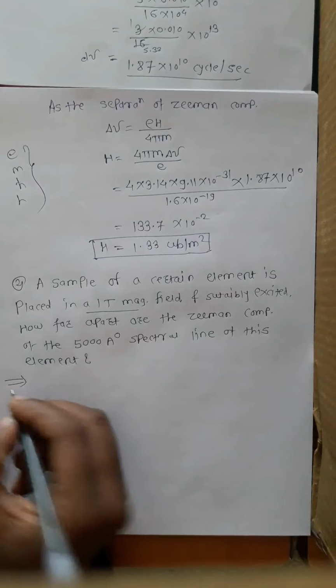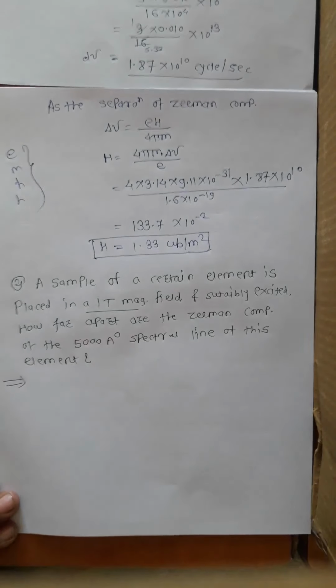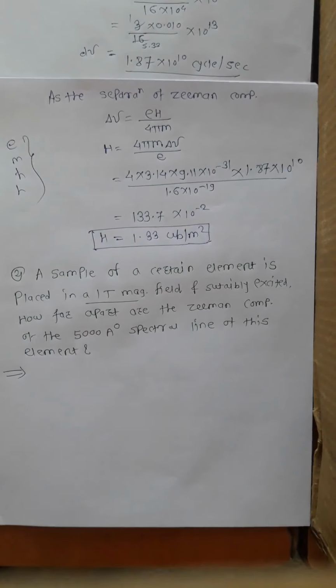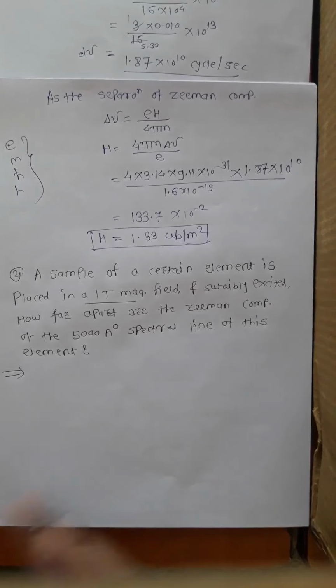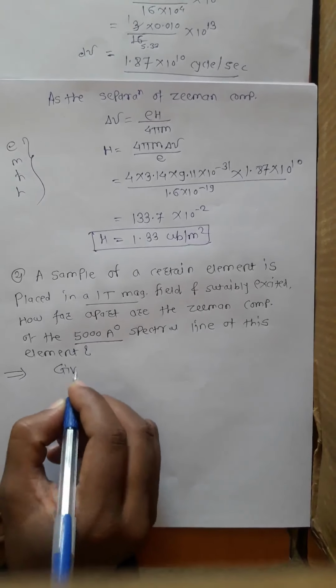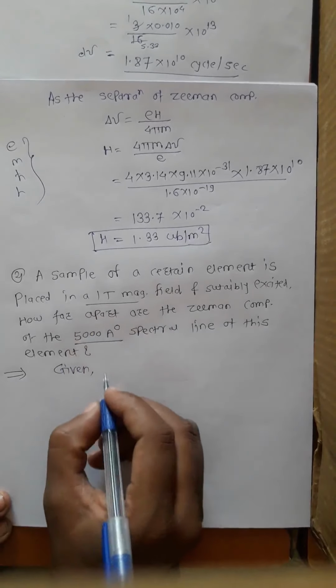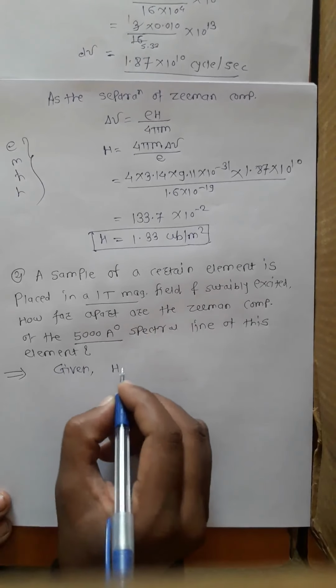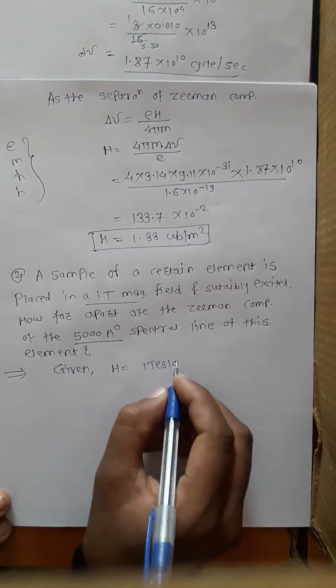Now, first remember that you have to first write the given. What will be the given here? The given for this problem is that the magnetic field H is equal to 1 Tesla.